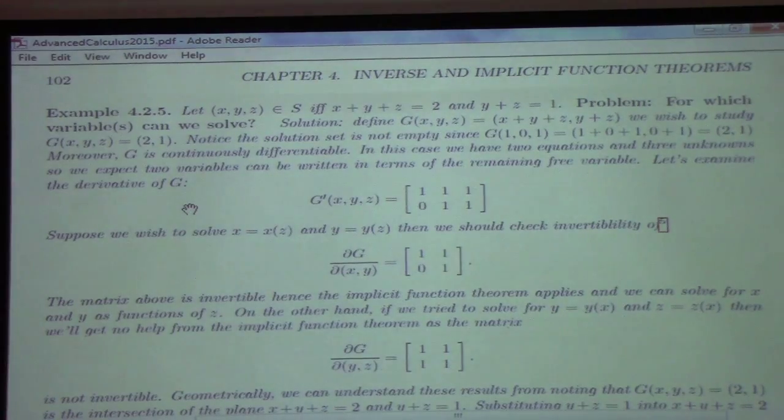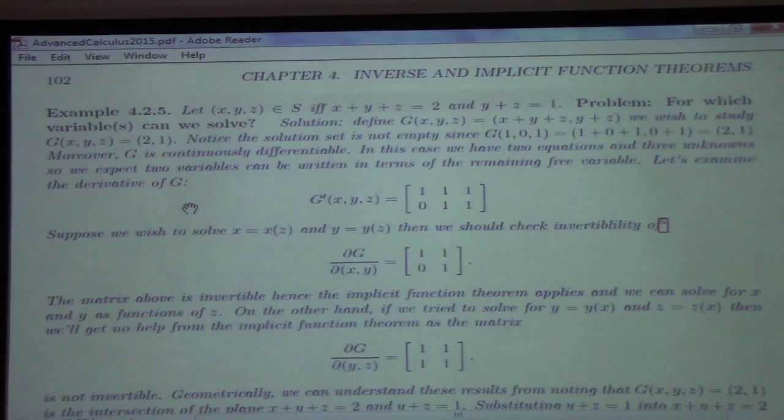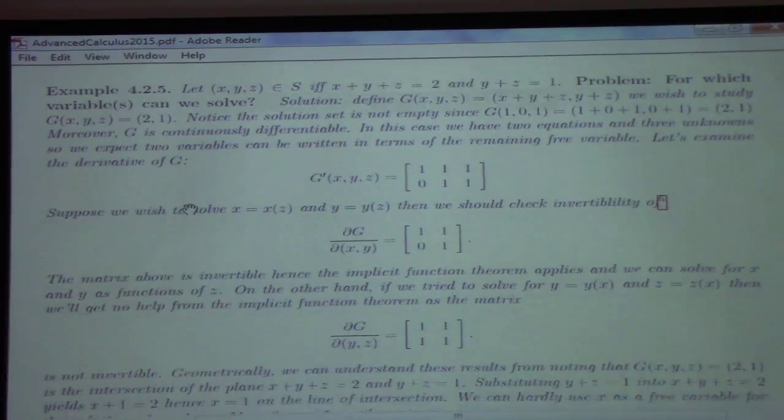It's not possible to solve for the y and z variables in terms of the x variable. There's a distinction between x, y, and z, as is revealed by the corresponding submatrices of the Jacobian. This is what the implicit function theorem makes precise.